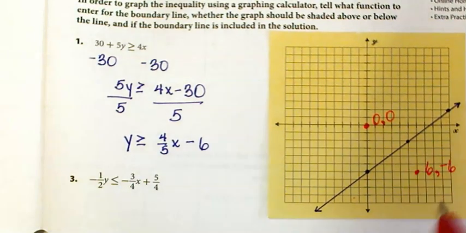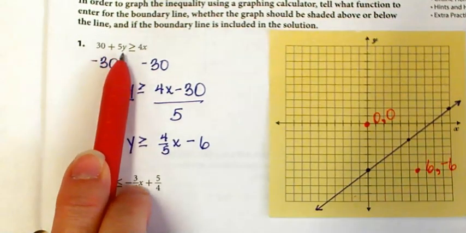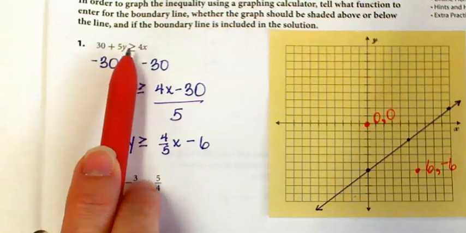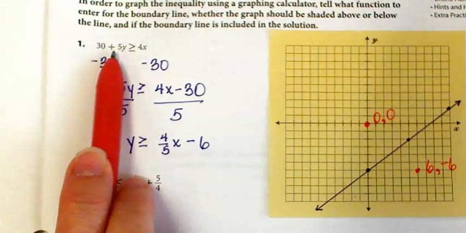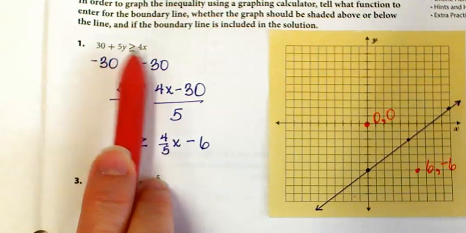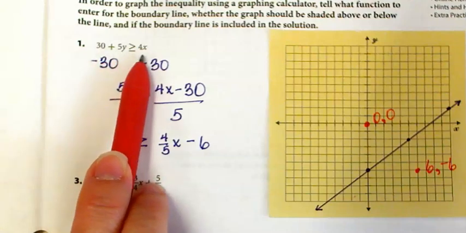Okay. I'm going to go back to the original equation. 30 plus 0 is greater than or equal to 0, and that is correct. So 30 plus 0, because I put a 0 in for y and a 0 in for x. 30 plus 0 is greater than 0.